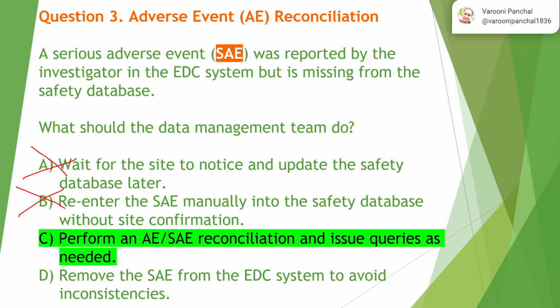If that safety parameter is not even considered, and you're removing the serious adverse event, that is not the right answer. So you cannot remove the SAE from the EDC system just to avoid inconsistencies, right? So the correct answer is to perform an AE or SAE reconciliation and issue queries as needed. So the correct answer is C.